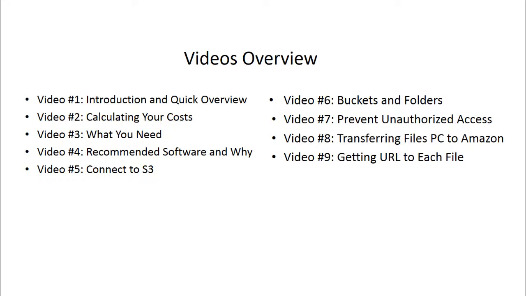Video 6, we're going to talk about buckets and folders and basically the jargon that Amazon S3 uses. Video 7, we're going to talk about how to prevent unauthorized access. And video number 8, we're going to talk about transferring files from the PC to your Amazon S3. Video number 9, we'll talk about getting URLs to each file so that you will be able to build your download pages.